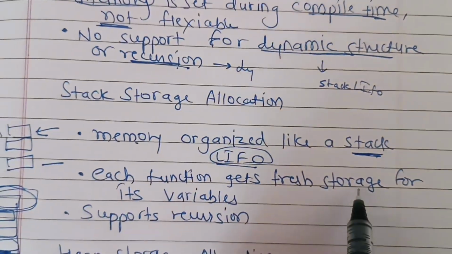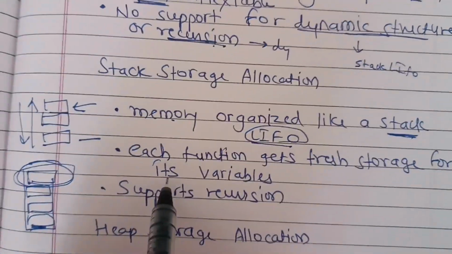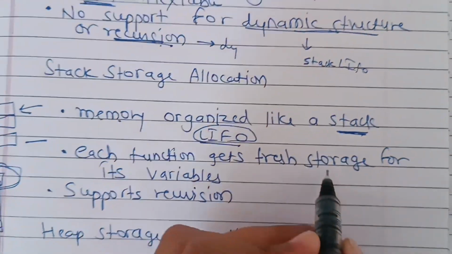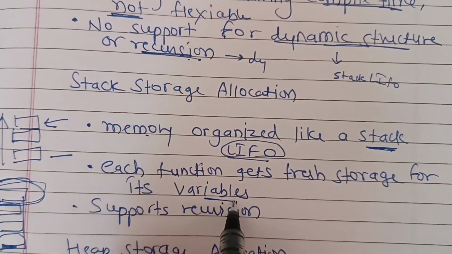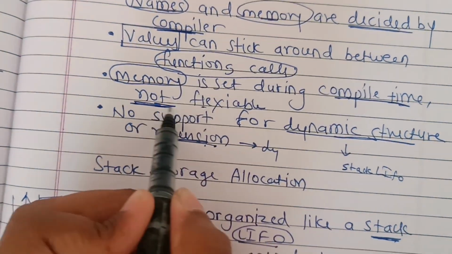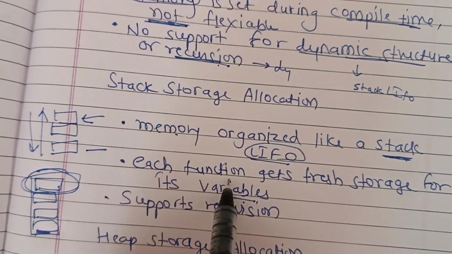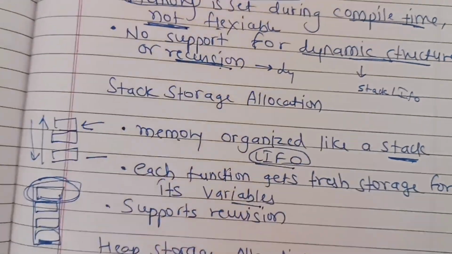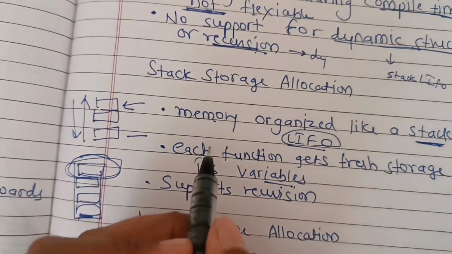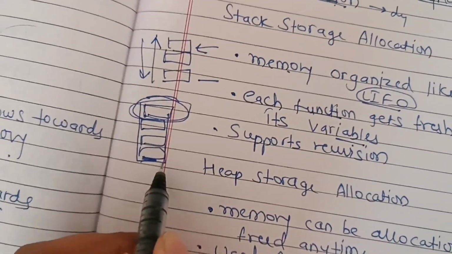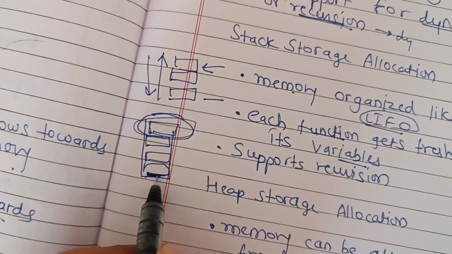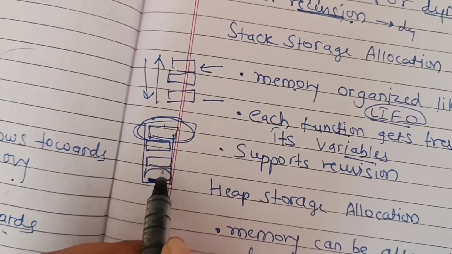Each function gets fresh storage for its variables. Whereas in static allocation the memory is limited and not flexible, so you cannot give fresh storage to a function every time. Here storage can be increased according to what we need. The only thing is, the functions at the bottom of the stack can be removed only after removing all the elements above them.